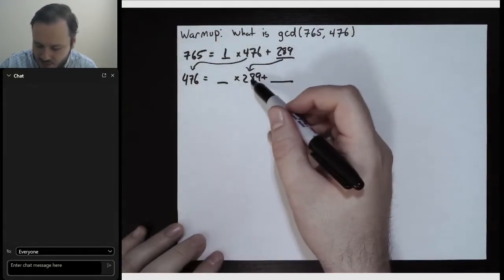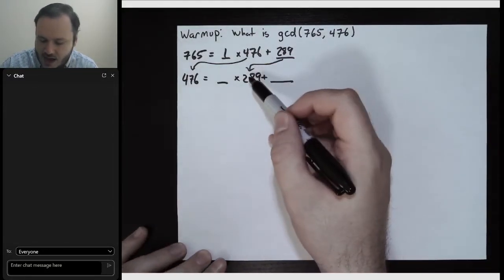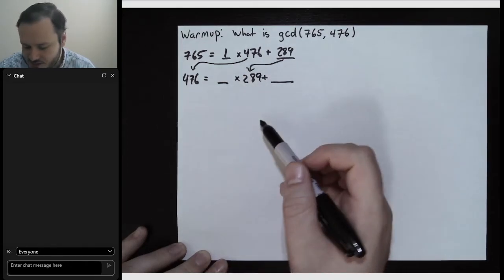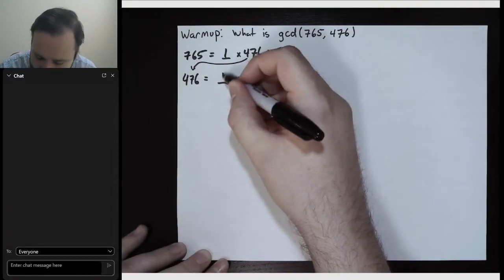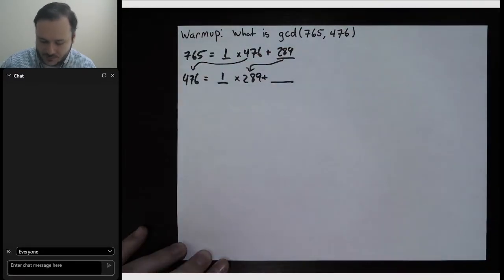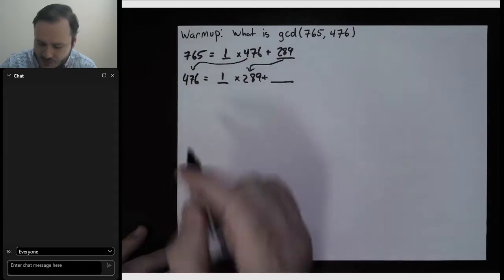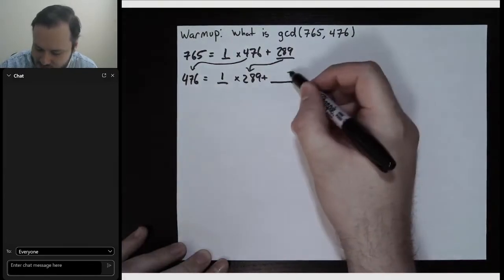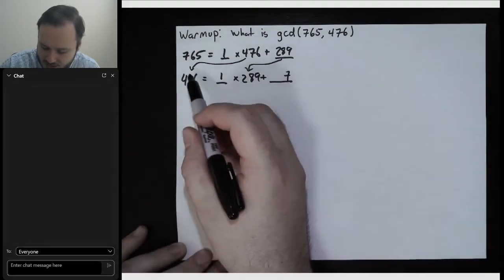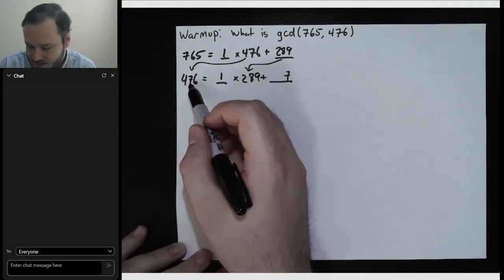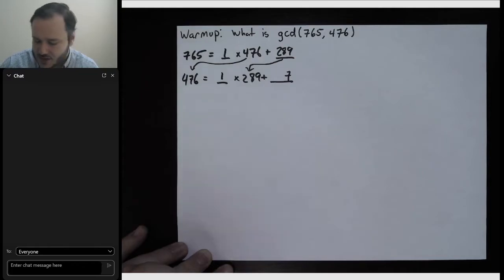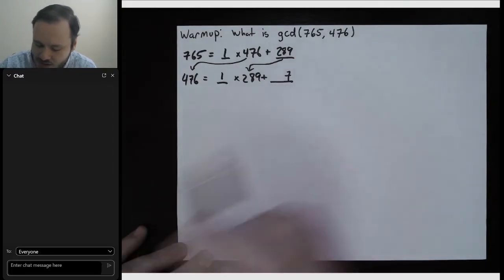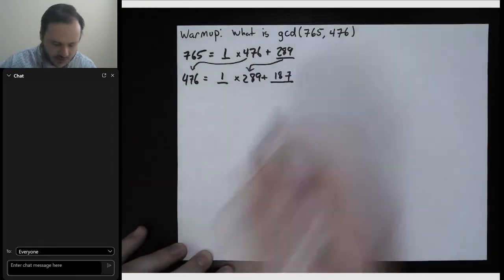Again, if I double 289 it's more than 250, so if I double 250, I'd get 500. That's too big, so I'm only getting one copy here. And I subtract 16 minus 9 gives me a 7. That 7 has become a 6, so I've got 46 minus 28. 46 minus 26 would have been 20, so I'm at 18, 187.